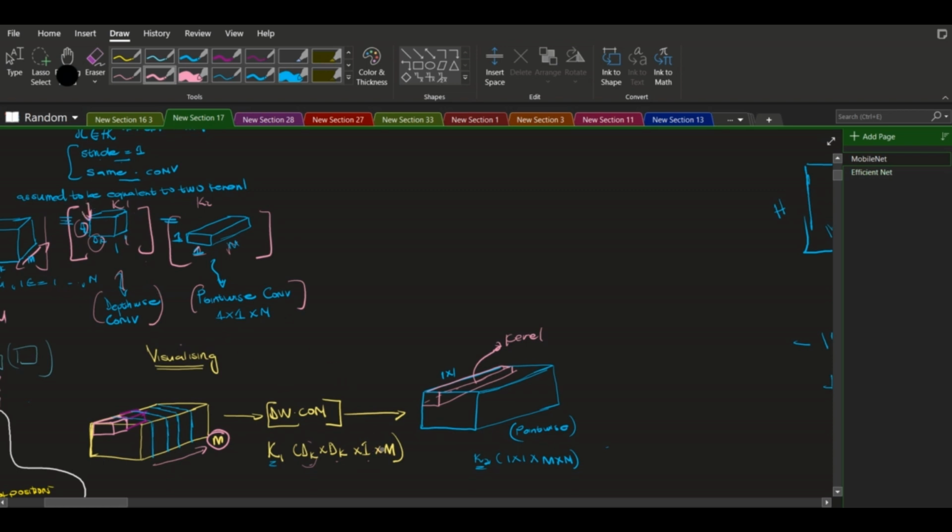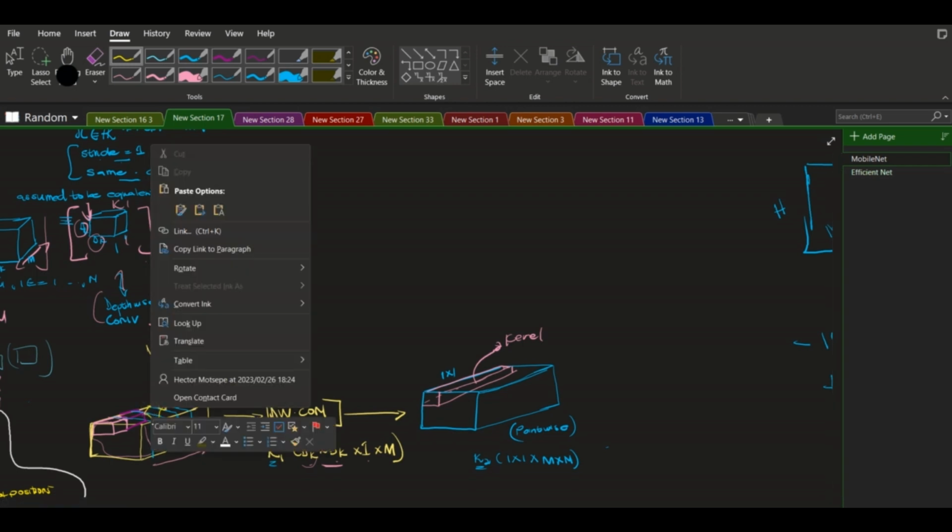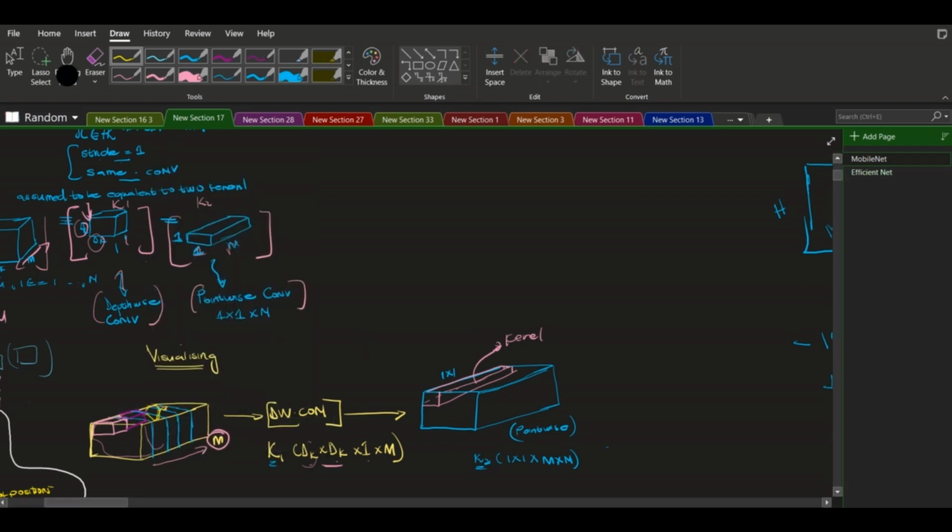So it's going to be Dk by Dk by 1 by M, because each kernel is going to go through this component here, this component here, this component here. Essentially that's what this M means: for each kernel, Dk by Dk by 1 by M, the first one is going to come here, the second one is going to come here, and so on.